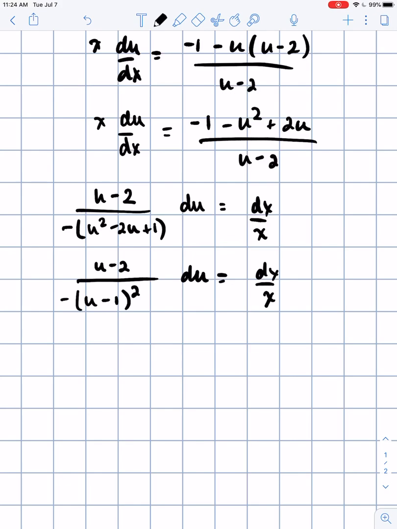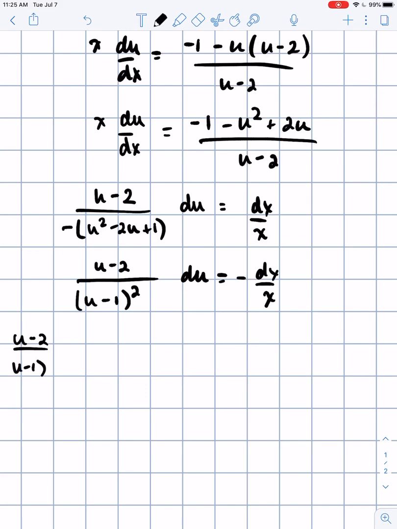All right, so when we are simplifying this, we could do a couple things. If you have repeating factors, right? So you're going to have u minus 2 over, I'm going to bring this negative over to the other side, just so I don't have to deal with it.